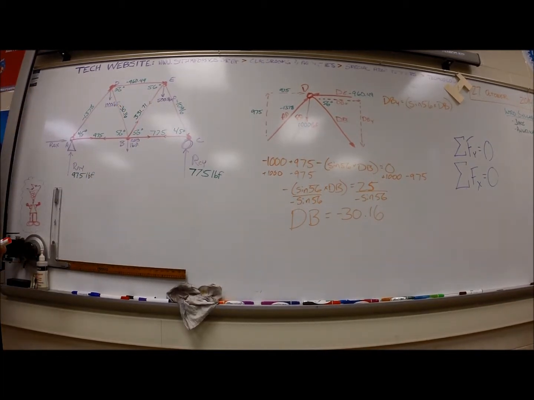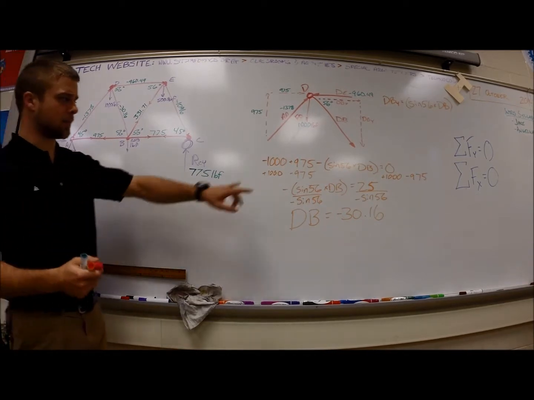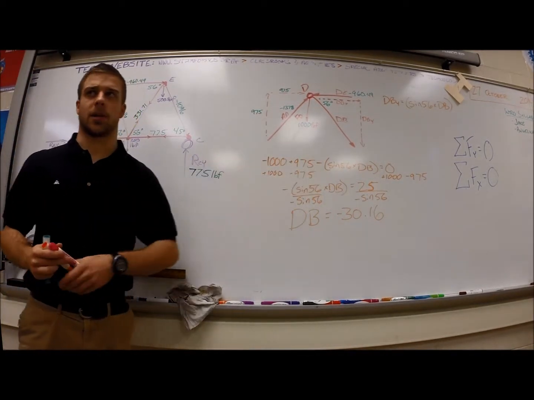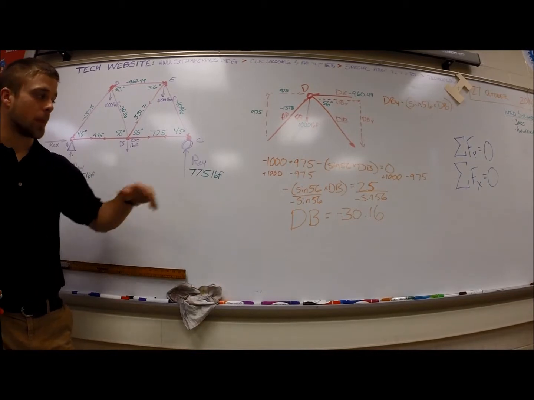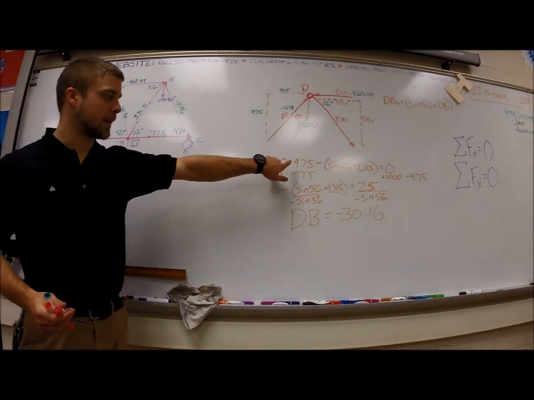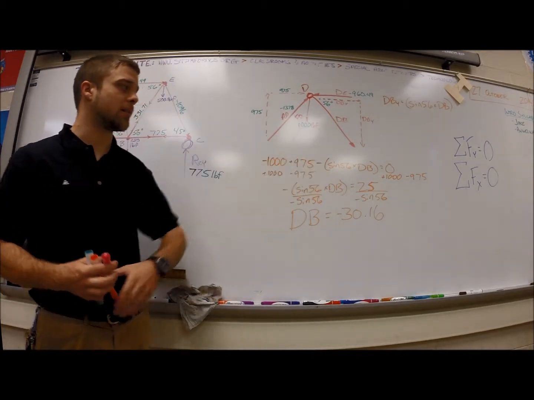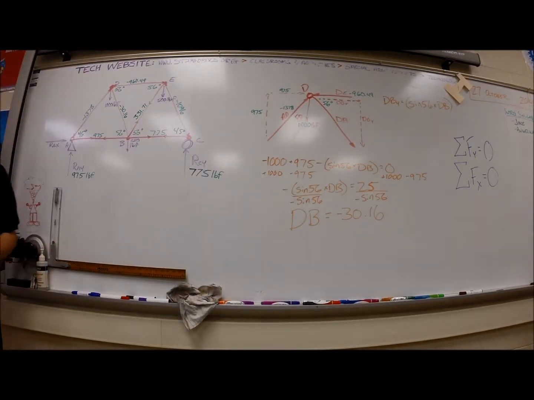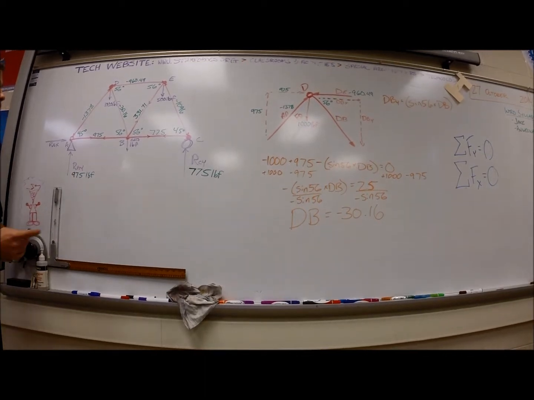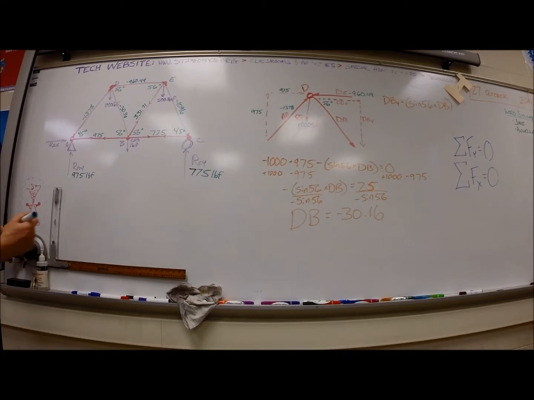It would have been a little bit messed up though had we gotten these pluses and minuses wrong in the first place. But again, if we did the exact inverse of this, positive 1,000, negative 975, and a positive sine of 56 times dB, we would have still ended up with a negative 30 at the end.